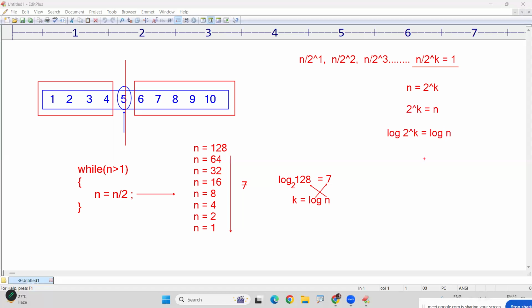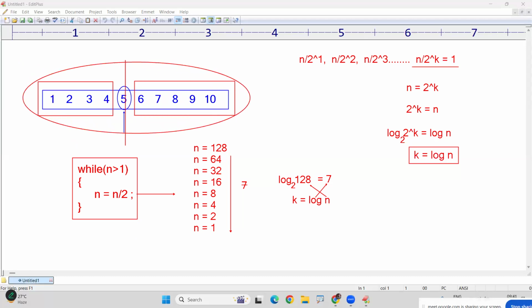The k will come to the front. We know that log 2 base 2 is 1. So simply we can say that k equals log n. So what is the time for this? If anyone asks, it is log n. The same thing we use in binary search.